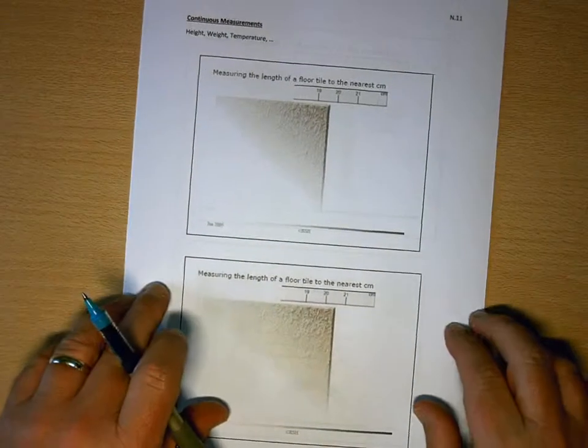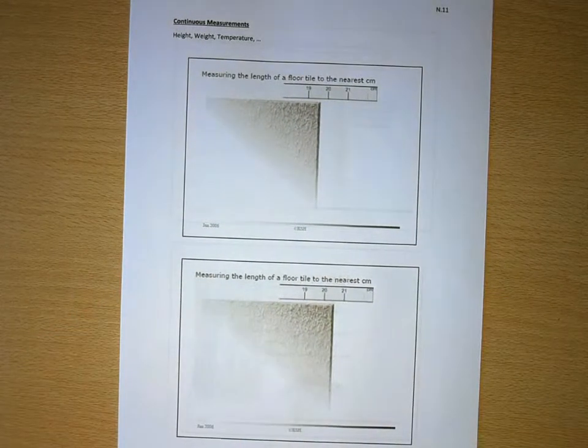It gets a bit trickier when we're working with continuous, because when we're measuring something, we are taking a decision as to how accurate we want to measure it, whether we're measuring to a millimeter, a centimeter, a meter, or a kilogram, a gram. It depends on the level of accuracy we need and the level of accuracy of our measuring equipment.